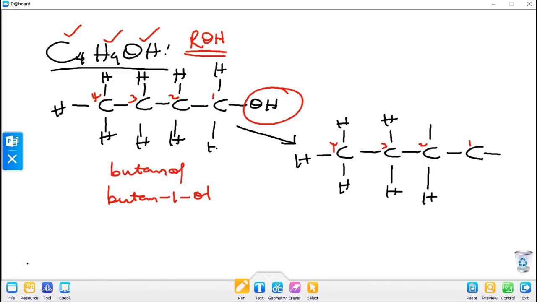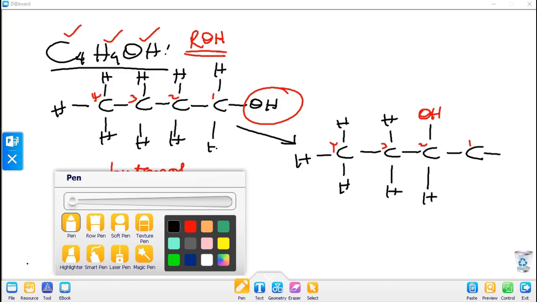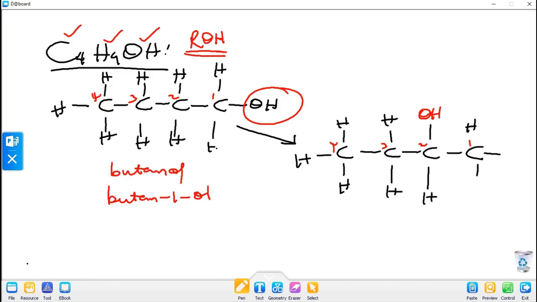So instead of placing the OH at the first carbon from the right-hand side, let's place our OH here, and then we can complete the hydrogens for the last carbon atom at the right. So we have swapped the OH that was at carbon 1 in the case of butanol, that's butan-1-ol, to carbon 2.